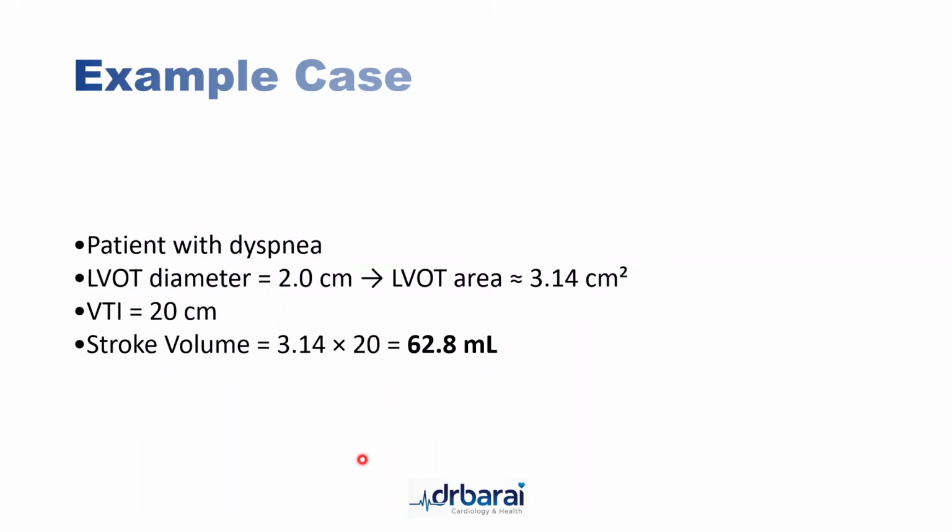It's pretty good because the normal stroke volume is 60 to 80 ml. Now, say the heart rate of this person is 70 beats per minute. So 62 multiplied by 70 is about 4.3 liter. 4.3 liter is not very good, but again it is not that bad either.